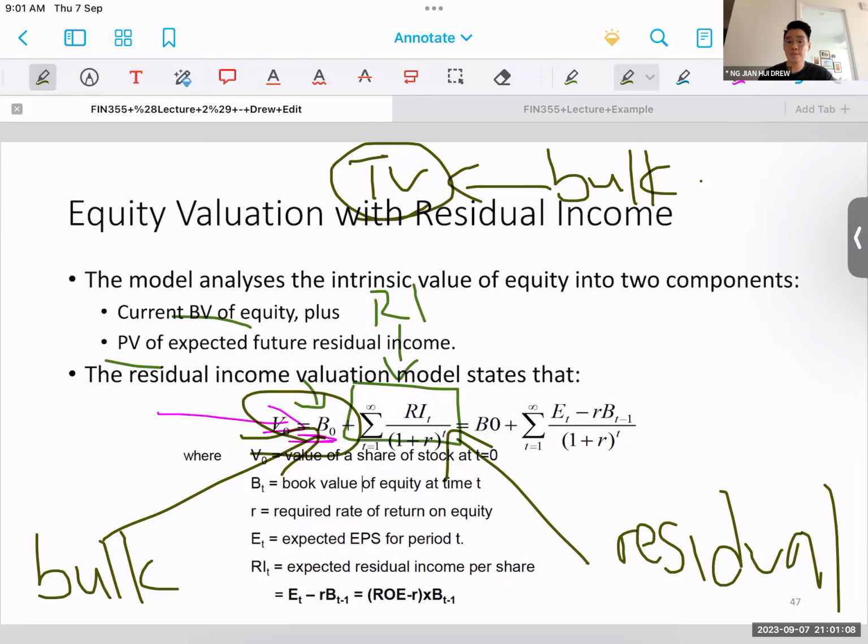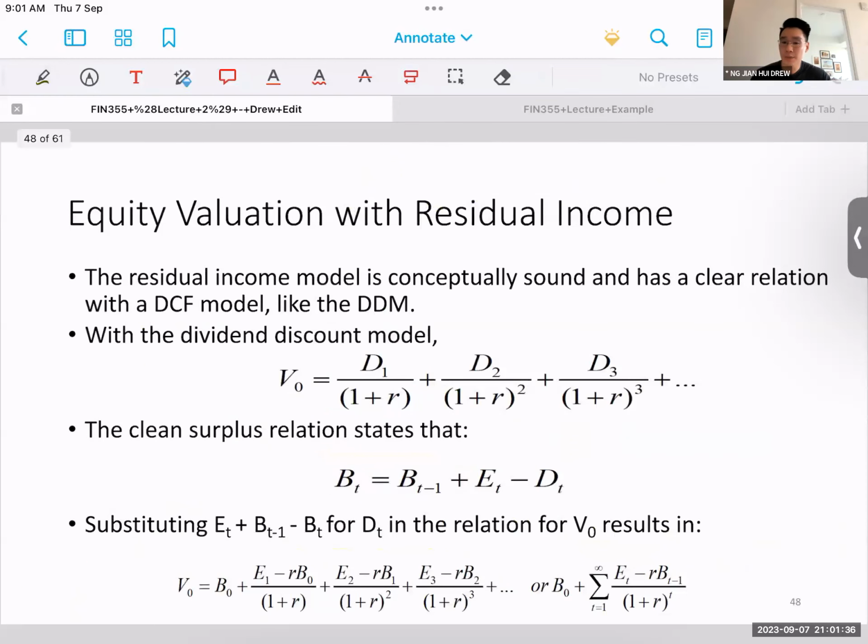Both methods come from different endpoints. FCFE, like DDM and FCFF, is all terminal value. The other one is book value. So if the FCFE or DDM valuation is similar to your residual income, you can use it as a cross-check. Perfect. A lot of people like to use residual income as a cross-check method.